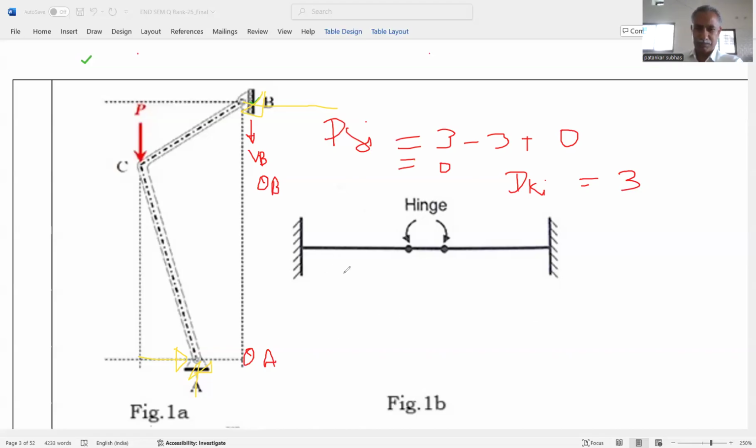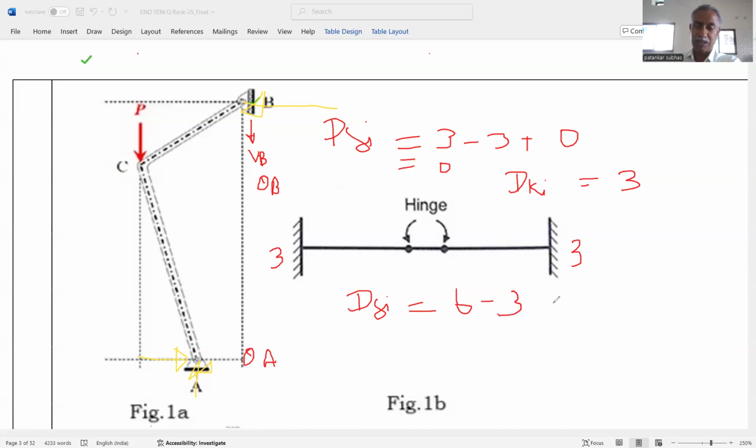Now in this beam, the DSi, degree of static redundancy, is equal to number of reaction components 6 minus number of equations 3. That is the 3 at every end because both ends are fixed. Therefore, it is 6 minus 3.